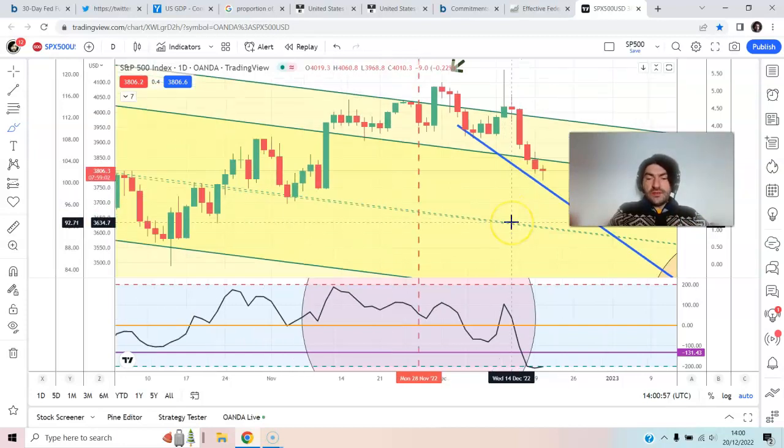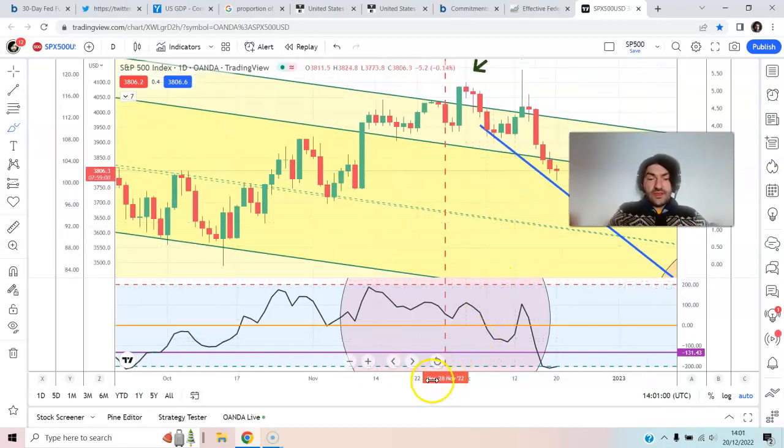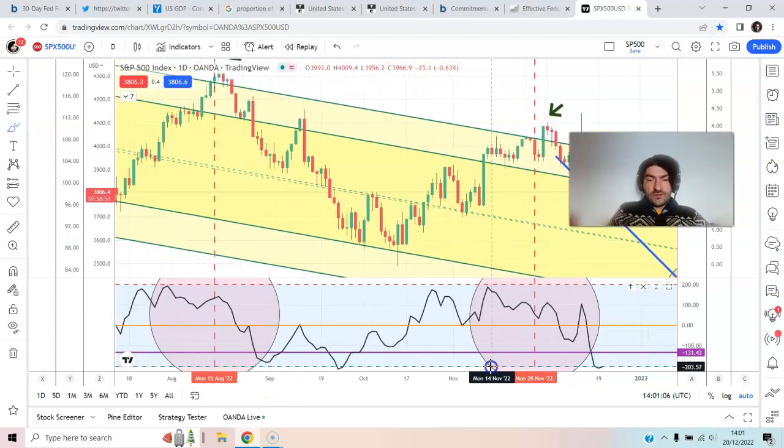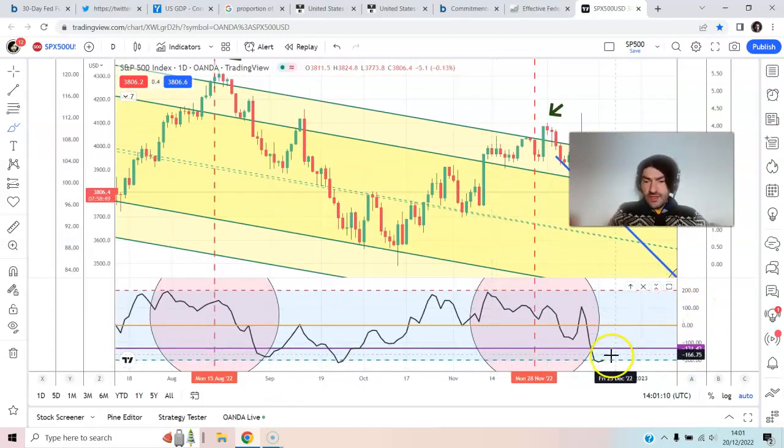Now, why would I think it could be a little reversal here, just intraday, or for the next couple of days or so? Because if you look at the CCI on the daily, we've hit minus 200, and every time we hit minus 200, as you can see back here in September, we have a little turn forward.